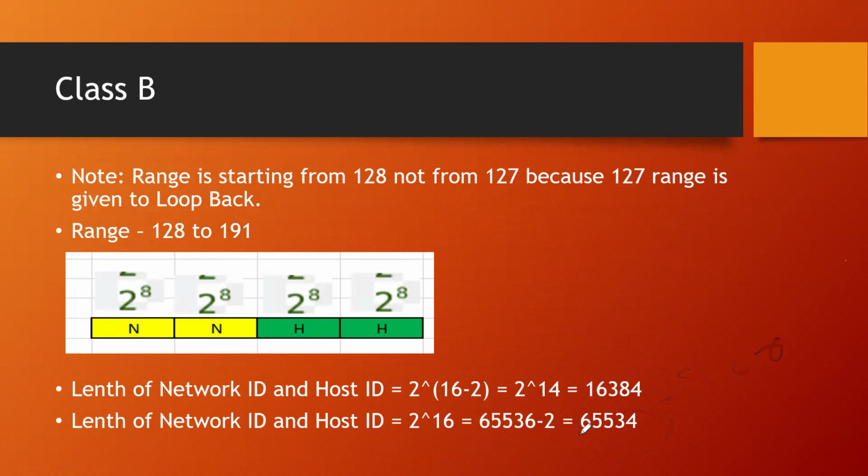About 65,000 IP addresses would be wasted if I go with class B, so we cannot go with this. That's why there is the concept called subnetting.